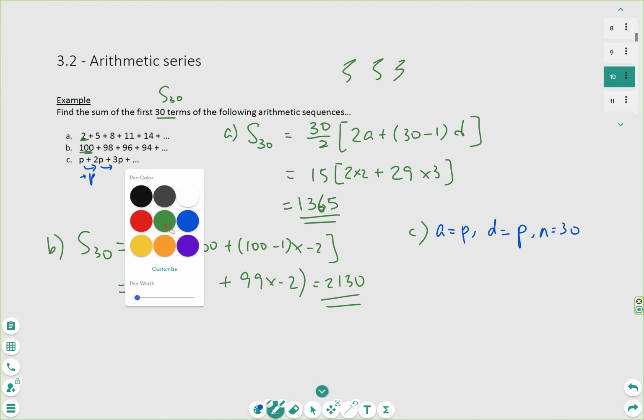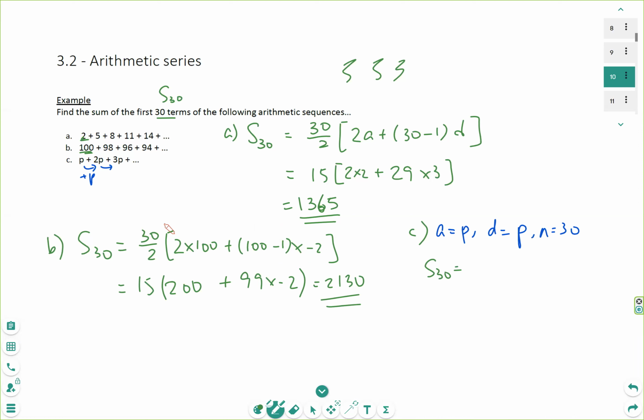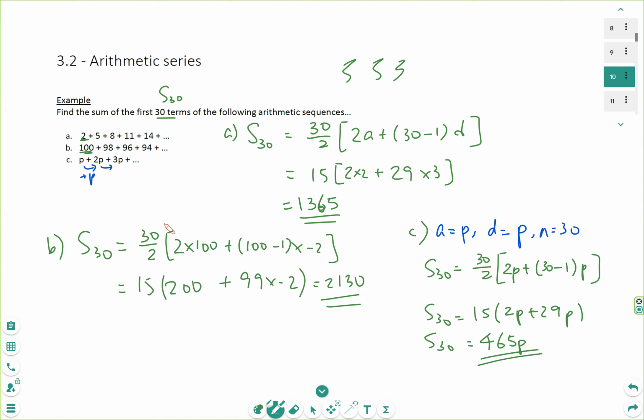So we can use the formula again: S30 equals n over 2, bracket 2a plus n minus 1 times the difference, which is P. So S30 equals 15 times 2P plus 29P. 2P plus 29P is 31P. 31P times 15 is 465P. All right, and that's it for the example. That's how we can use the formula very straightforwardly.